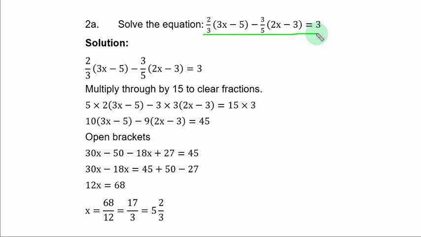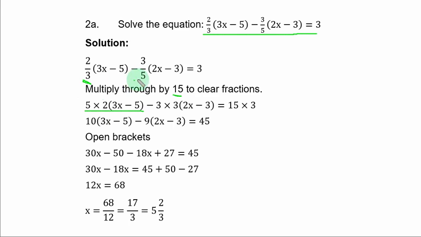And to do that, you simply multiply through by the LCM of the denominators. That is 3 and 5, and the LCM is 15. You multiply this term by 15, you have 5 times 2, then (3s minus 5).